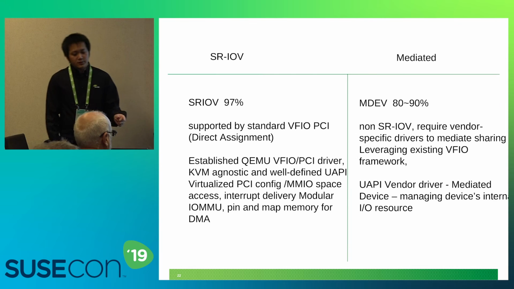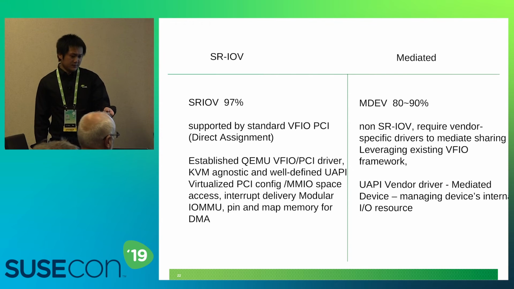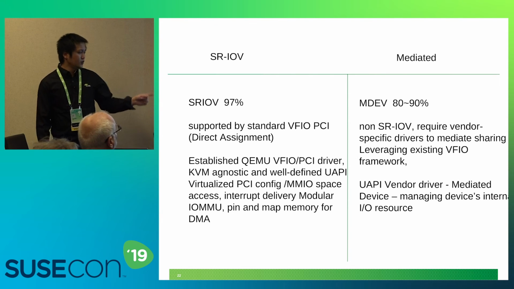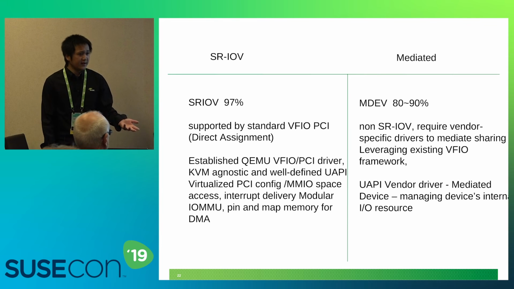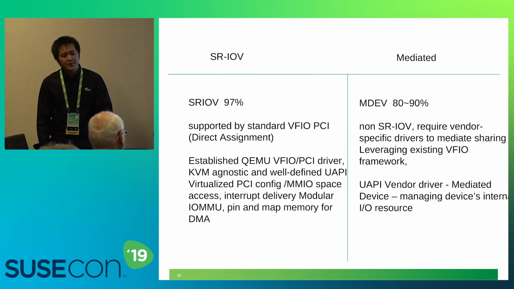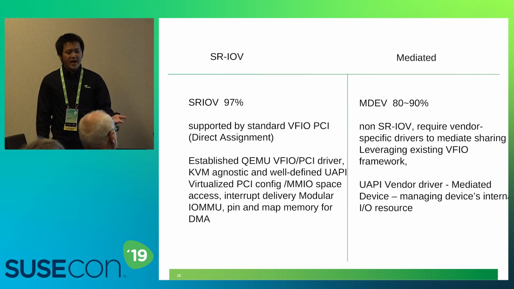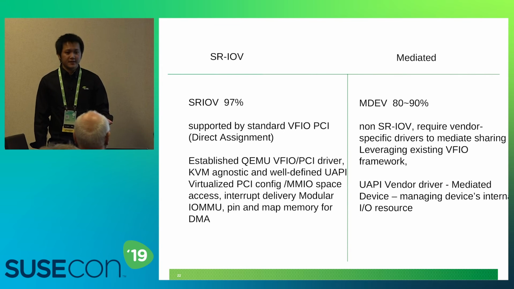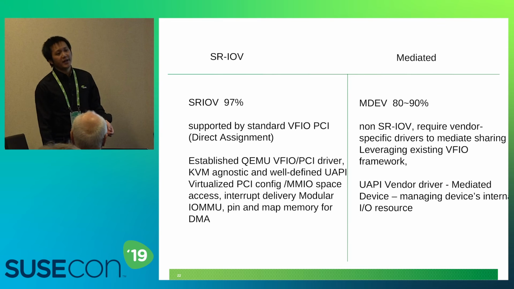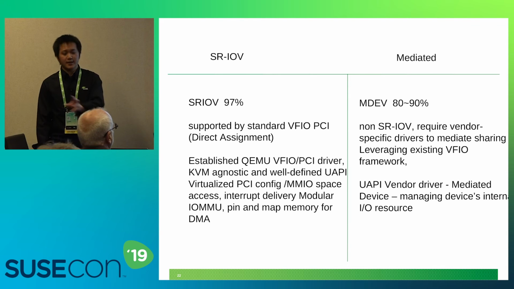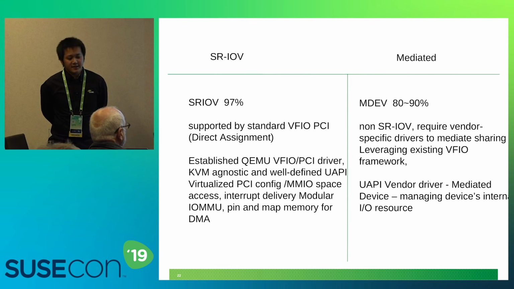Also, for SR-IOV, you could use VFIO directly, but for MDEV, you need to use VFIO-MDEV. It's kind of a tweak for that, so in case it could manage it from the software level.